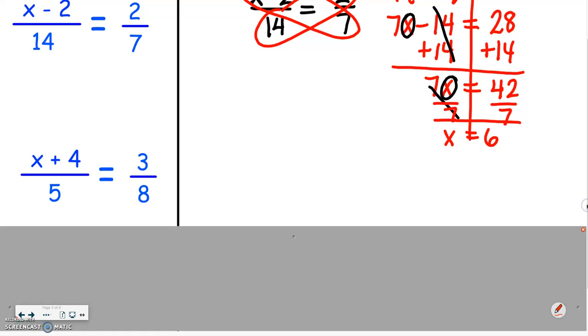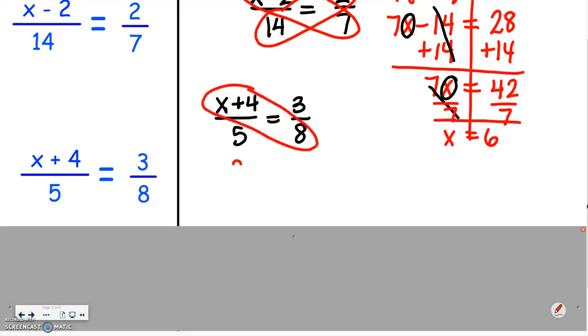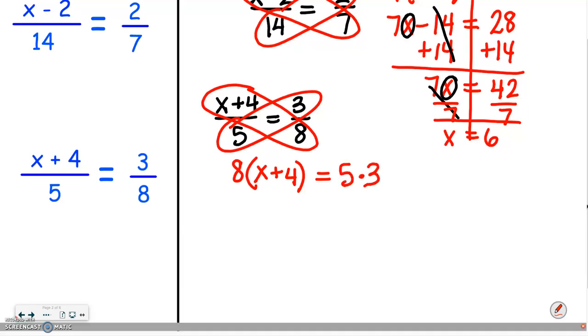My second example says x plus 4 divided by 5 equals 3/8. I'm going to solve it just like that first one. So my first cross product would be 8 times x plus 4. And my second one, 5 times 3. So if I distribute by 8, I get 8x plus 32.